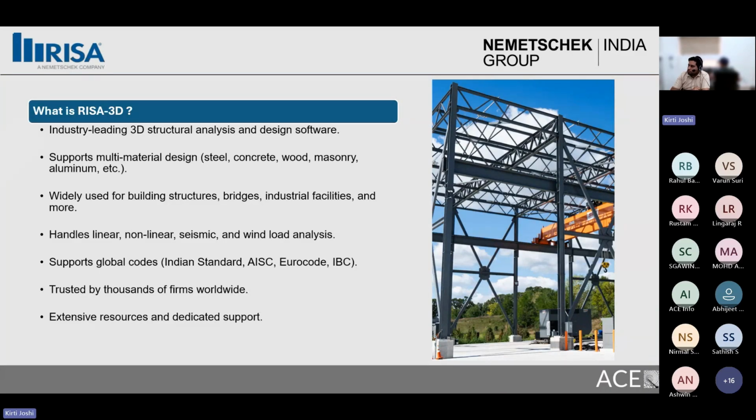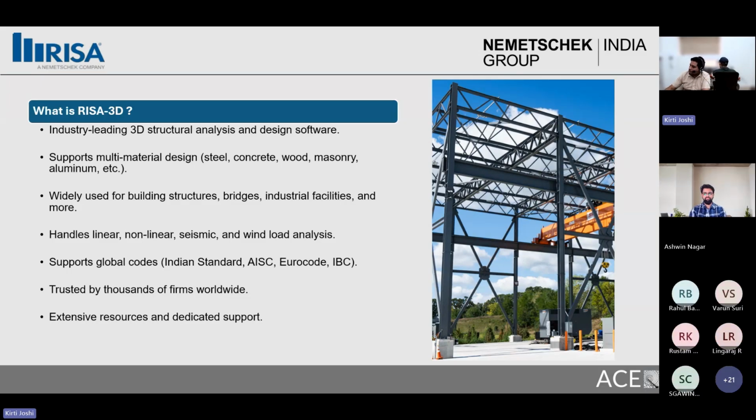It is widely used for everything from buildings and towers to industrial platforms and bridges. RISA handles both linear and nonlinear analysis, and it supports international design codes, including American, Indian, and European standards as well.